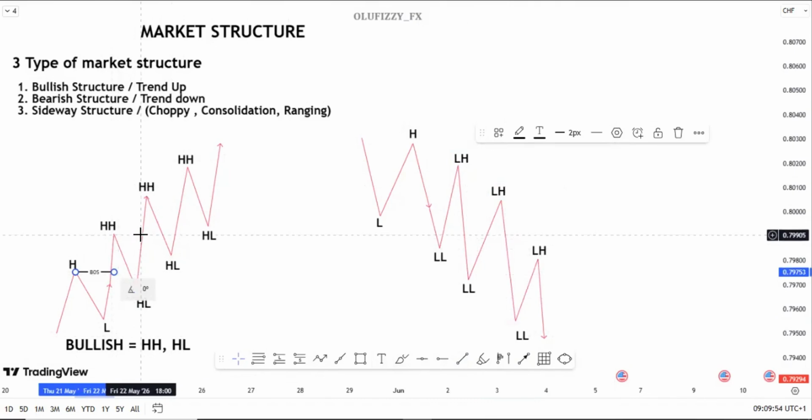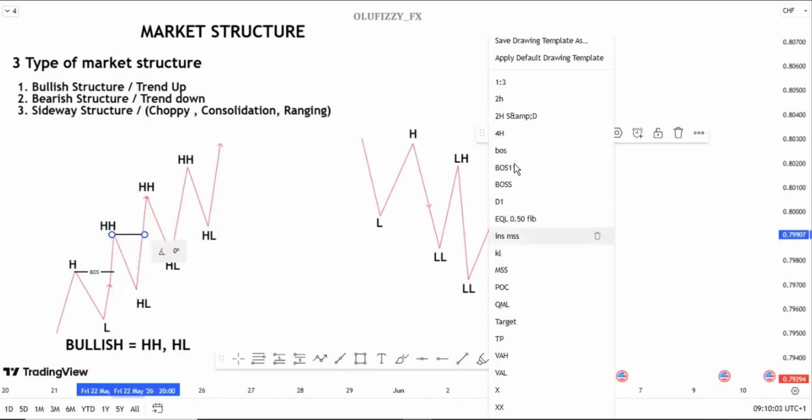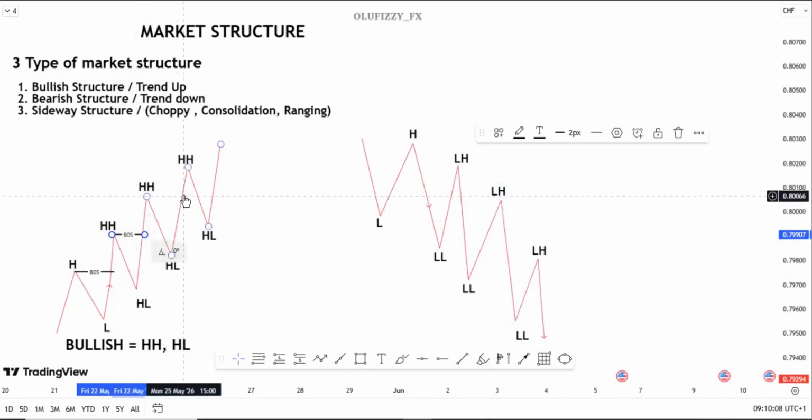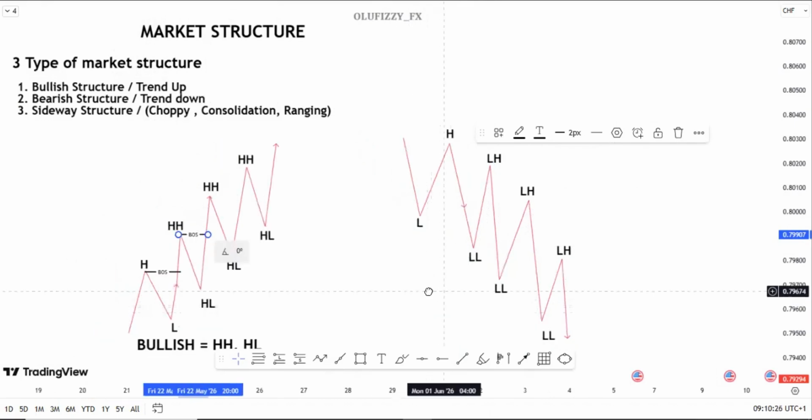When price takes out this high, we know it as BOS. And when price takes out this low here, we have a break of structure. When price takes out this low, we have a break of structure. And same here, we have a break of structure.